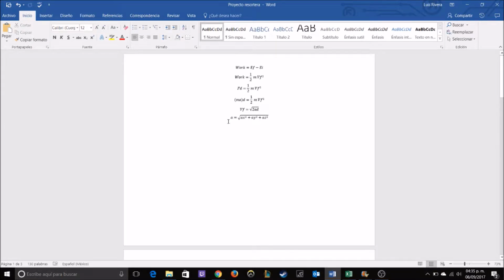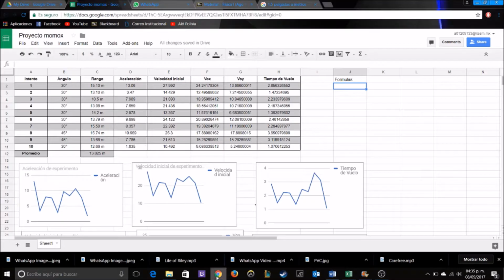With this formula, acceleration equals the square root of the acceleration component in x squared plus the acceleration component in y squared plus the acceleration component in z squared. Now, the final velocity, we obtained it with the formula, as I already said, equal to the square root of 2 times the acceleration and the distance.